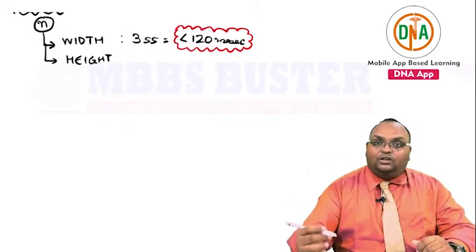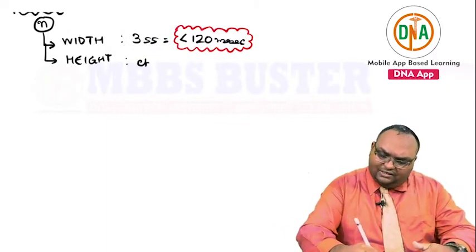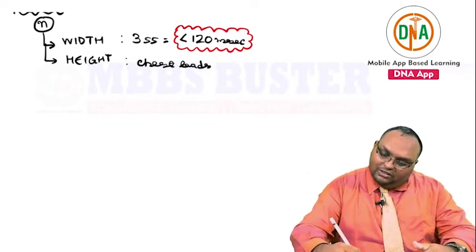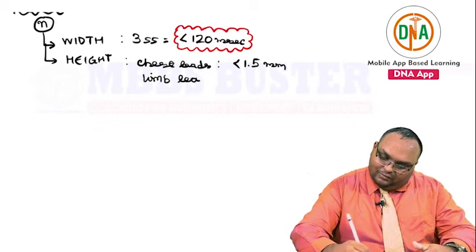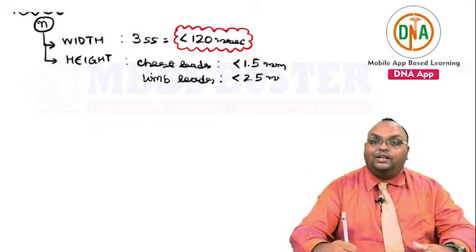So what is this cutoff? That is a very important point. For the chest leads, a P wave having amplitude less than 1.5 millimeter is normal, and for the limb leads, a P wave with a height of less than 2.5 millimeter is normal, right?